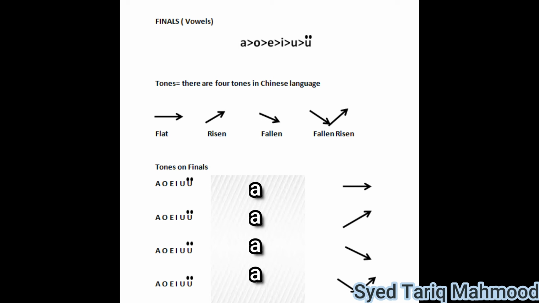Now second, now third one, now fourth. Now if you can pronounce initials and finals and tones, you have a test.